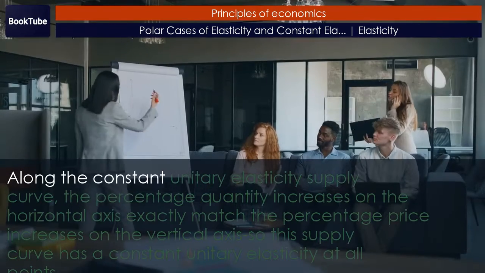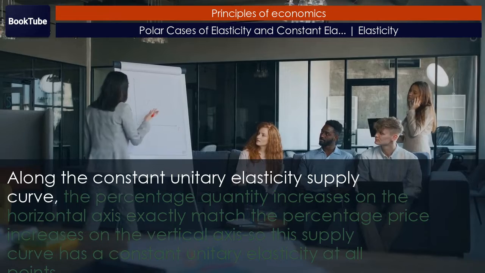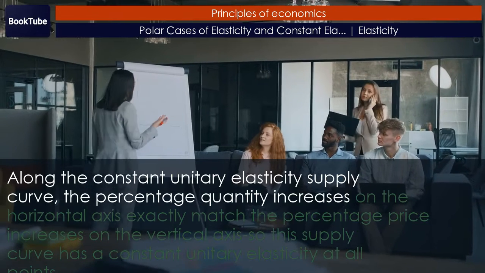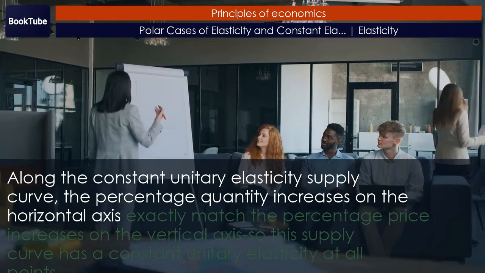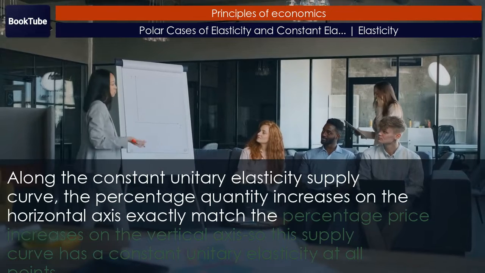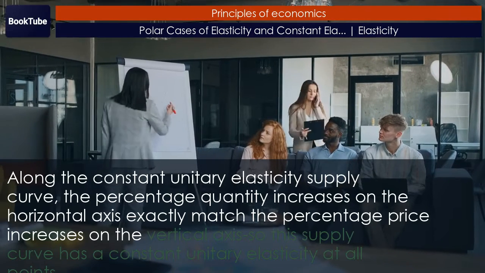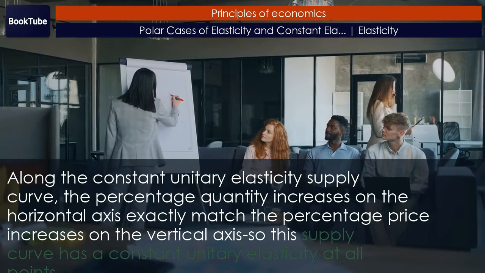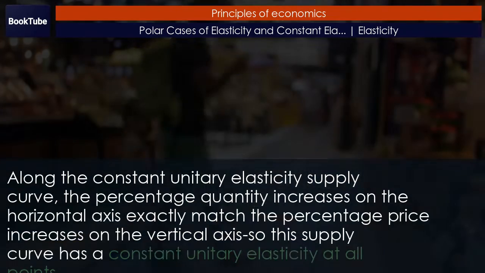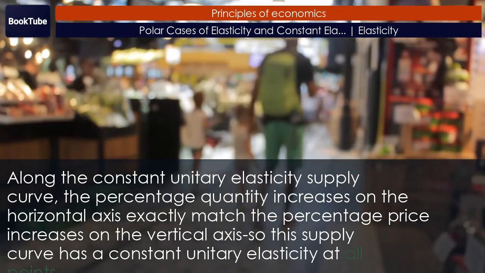Along the constant unitary elasticity supply curve, the percentage quantity increases on the horizontal axis exactly match the percentage price increases on the vertical axis, so this supply curve has a constant unitary elasticity at all points.